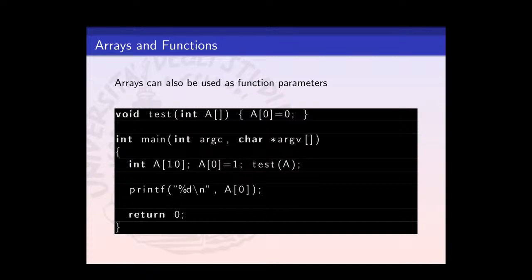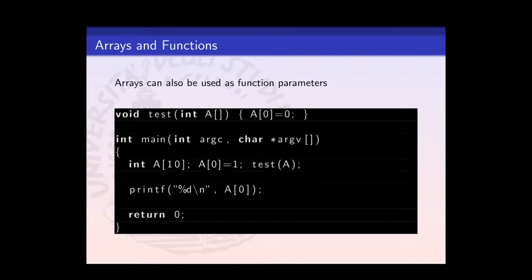The main function declares an array of integers a having 10 elements. At the beginning of the computation, we are assigning 1 to the very first element in the array, to the first cell in the array, and then we are calling the function test, passing as a parameter the array a.